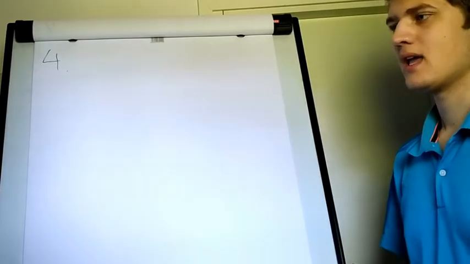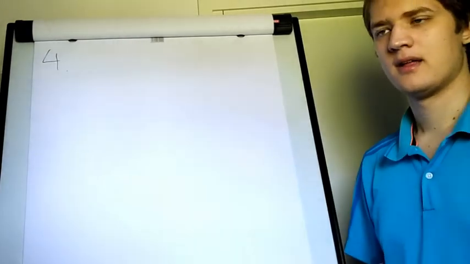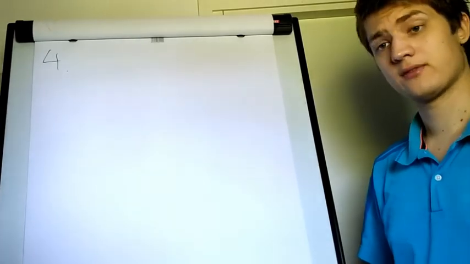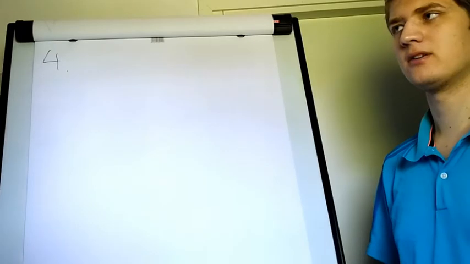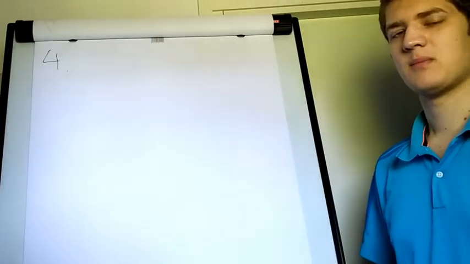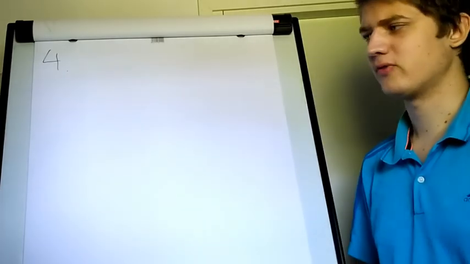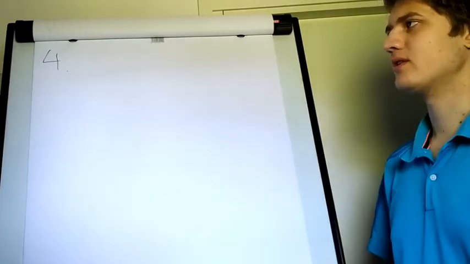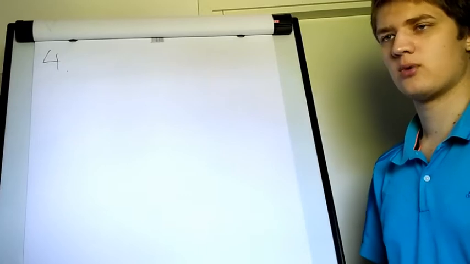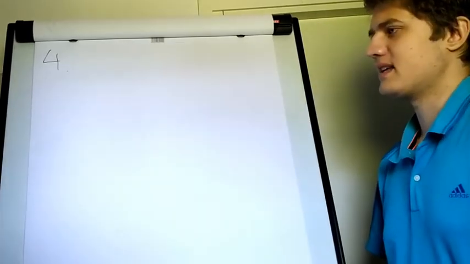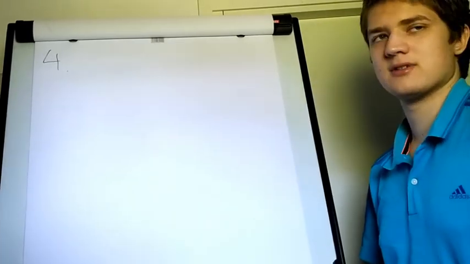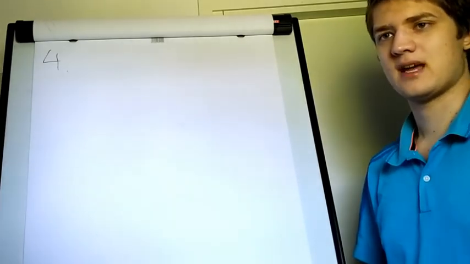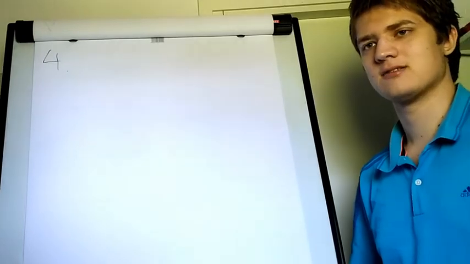If you know calculus, you can differentiate the function without the absolute values, of course, and look for its maximum and minimum values and solve the problem that way. But in this video, I'm going to shift towards estimating expressions and using those little tricks. So I'm going to present a solution that doesn't use calculus.